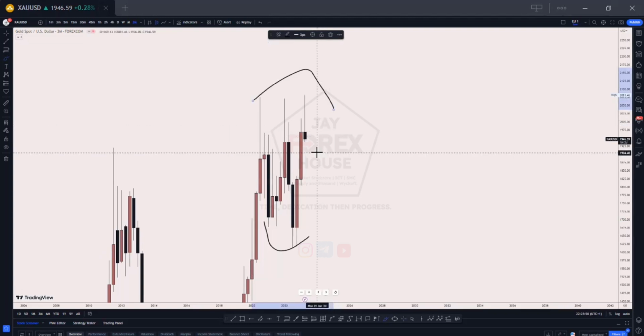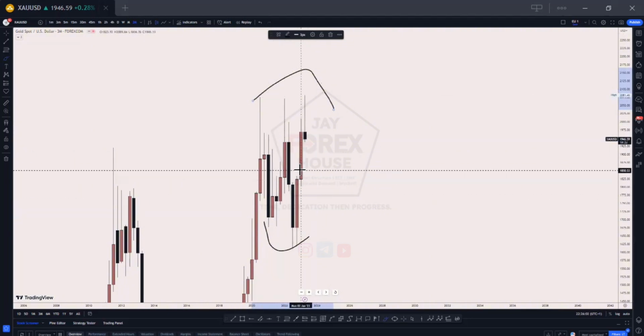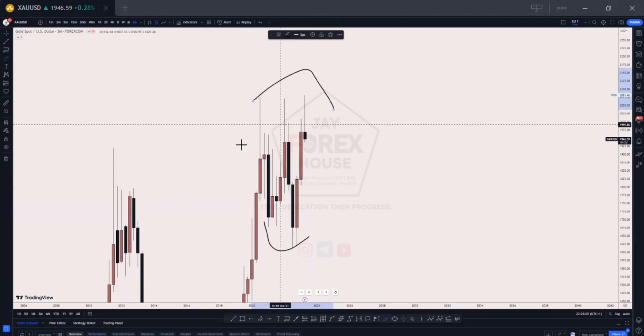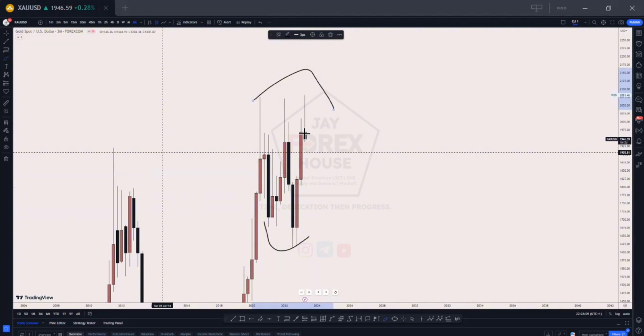So with this information, we know that gold has been in a range on the premium side in a bullish structure.